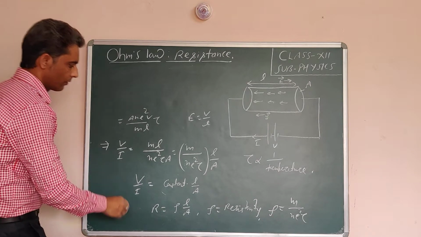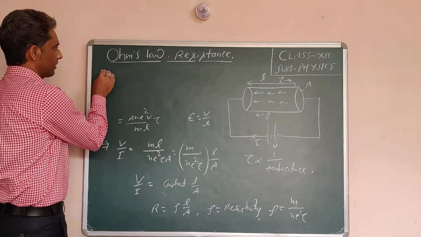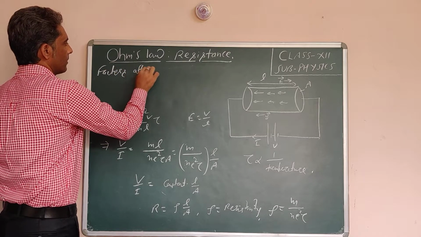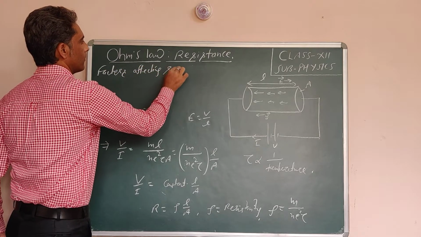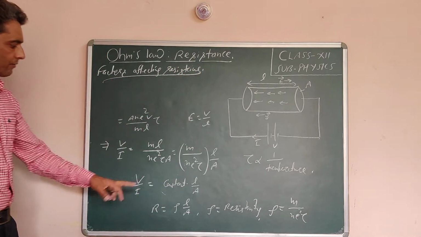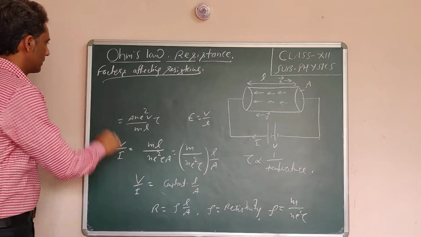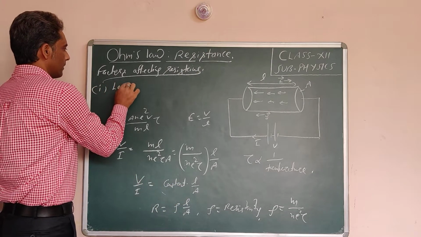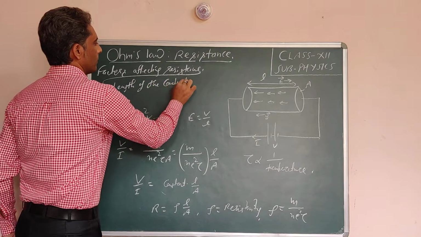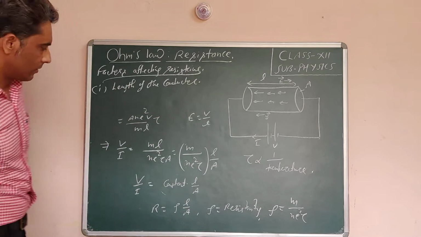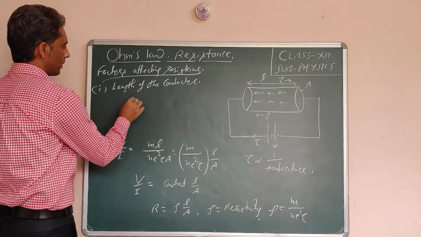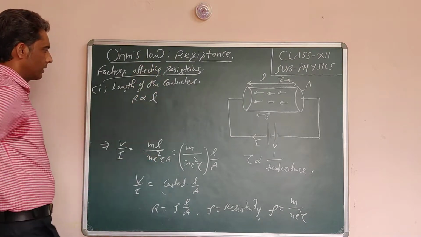If we see from this relation, the factors which affect resistance are, the first factor is the length of the conductor, means resistance is directly proportional to length.